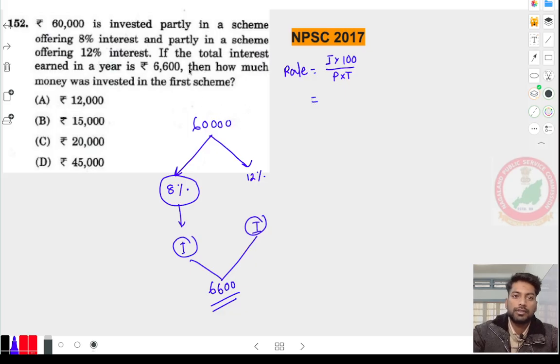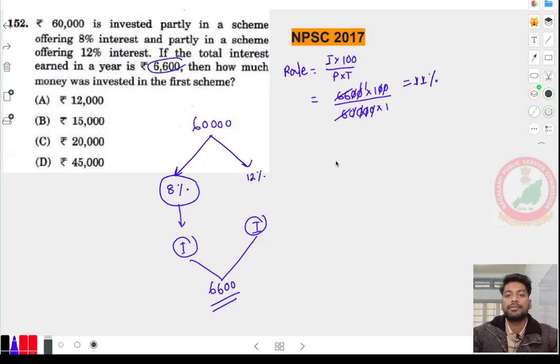Now I am earning 6,600, so write 6600 into 100 by 60,000 into T, 1 year. So 6 and 66, 11. So our mean rate is 11%.